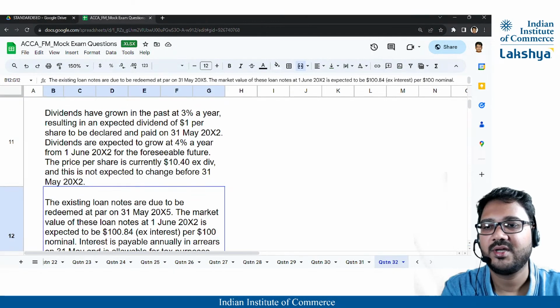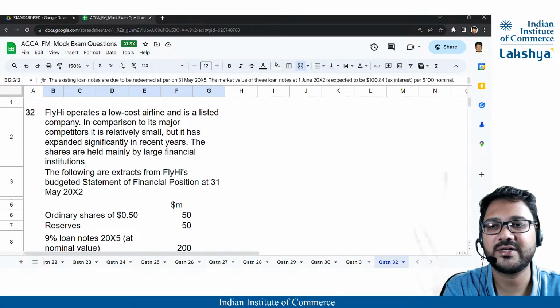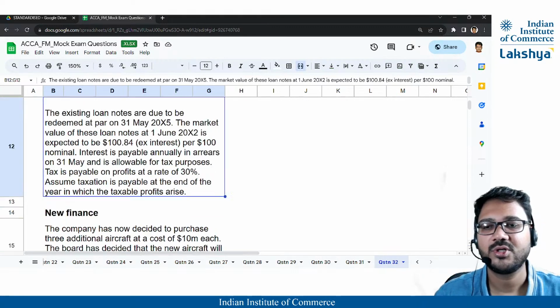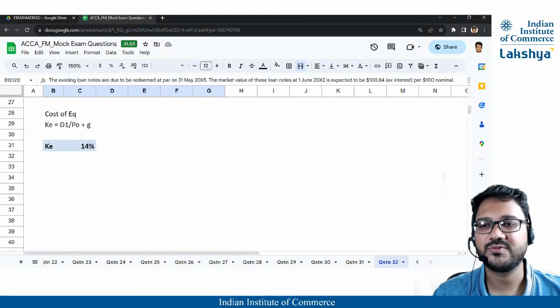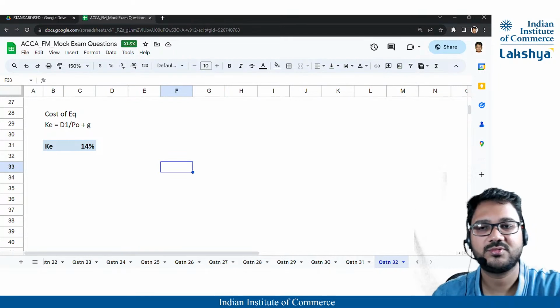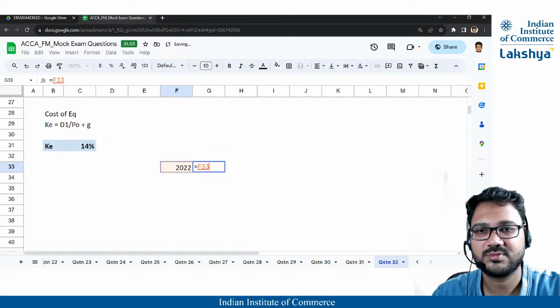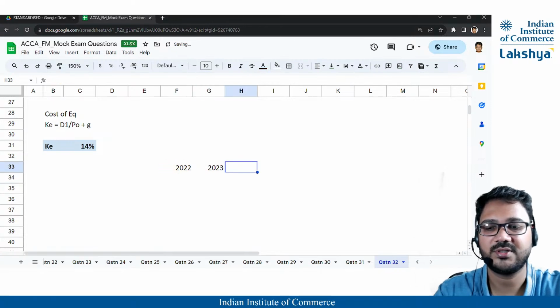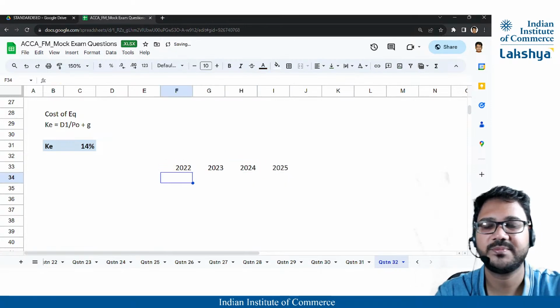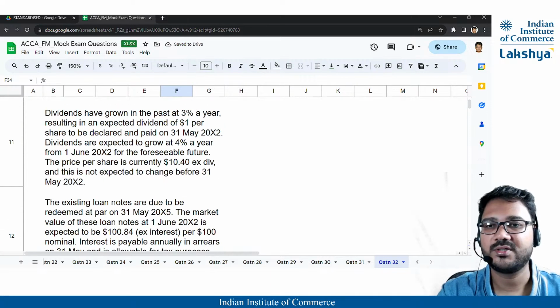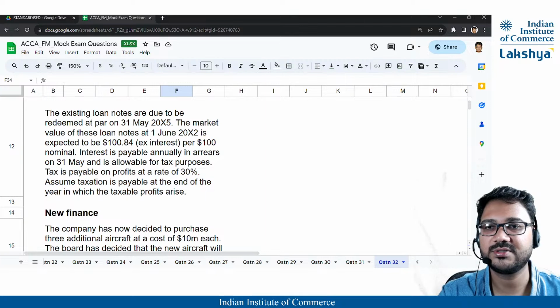What else? The existing loan notes are due to be redeemed at par on 31st May 20x5. We are currently at 20x2. So if we had to say, let's do 2022. That's 1, 23, 24, 25. Redeemed at par. So redemption value is market value.